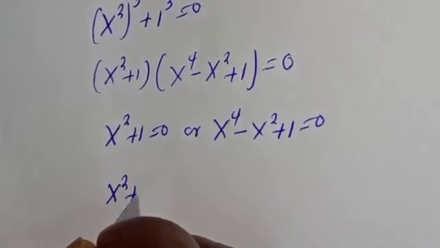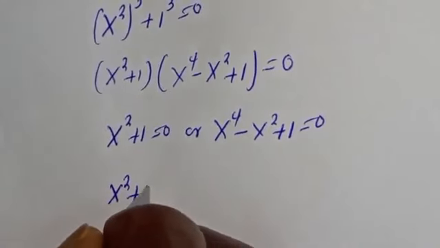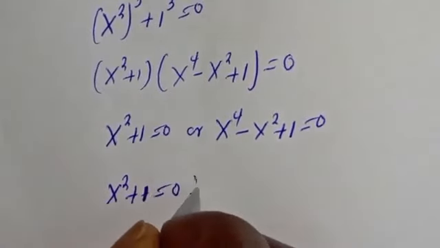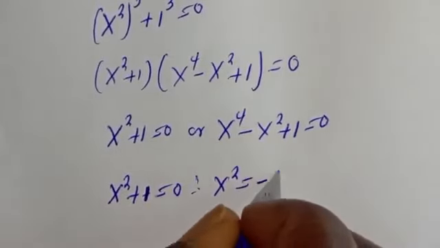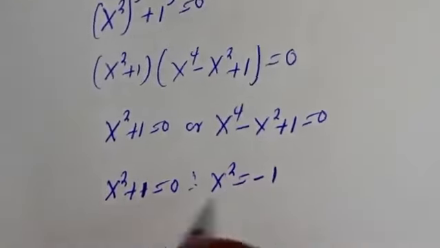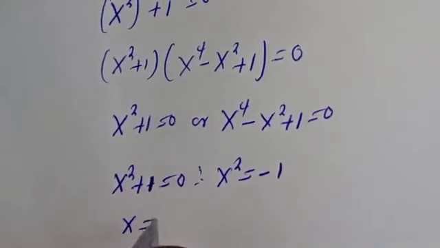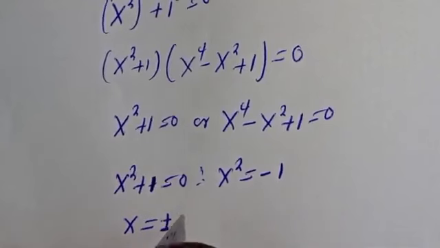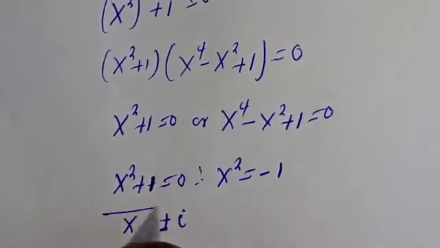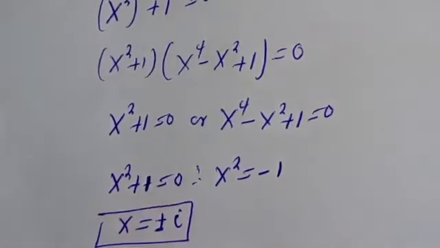Then from here, s squared plus 1 is equal to 0. Then s squared is equal to minus 1, then s is equal to plus or minus i. This is the value of s.